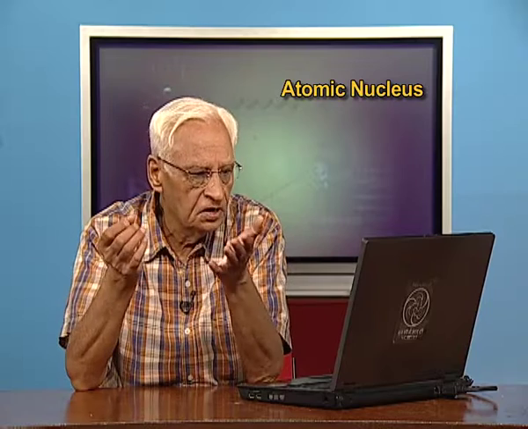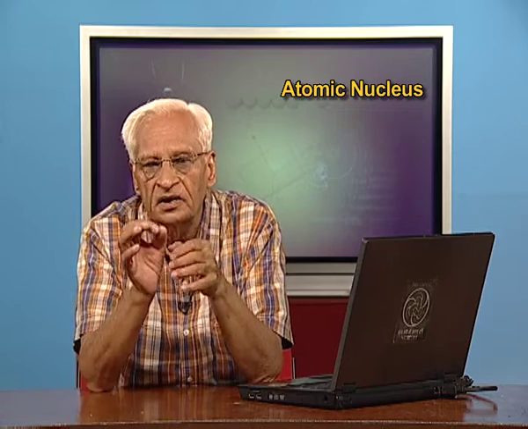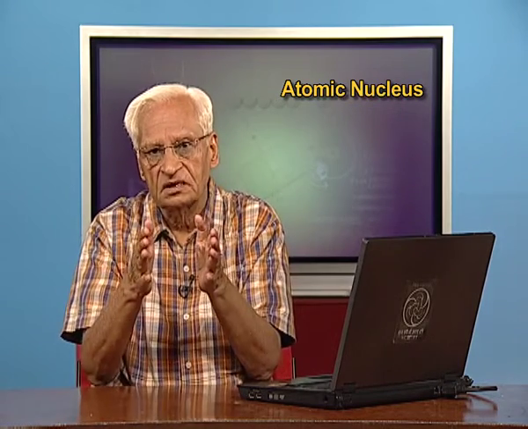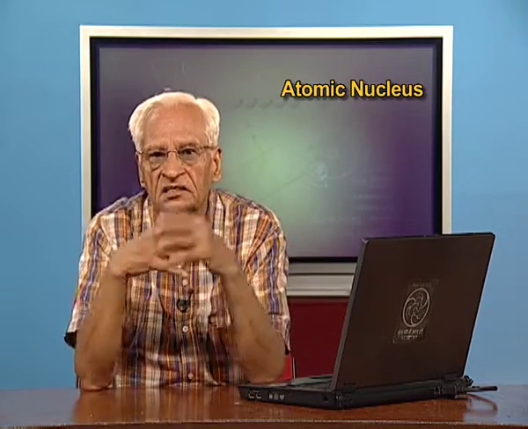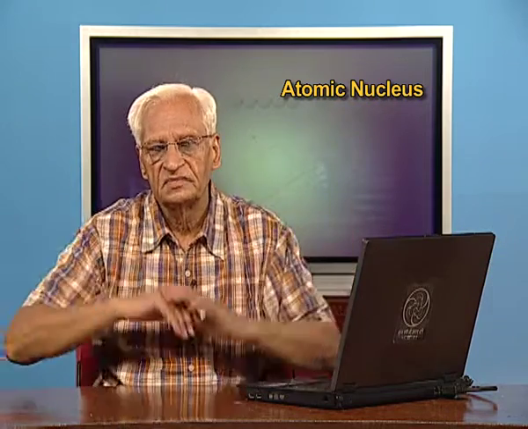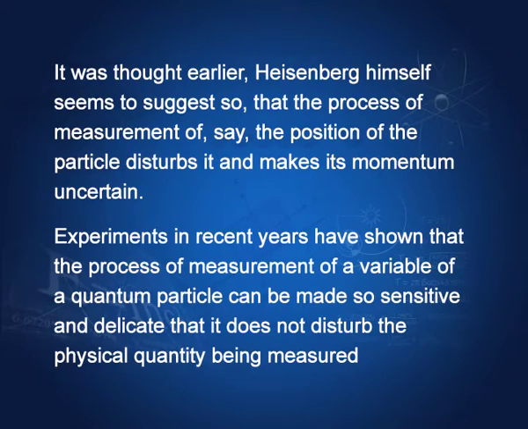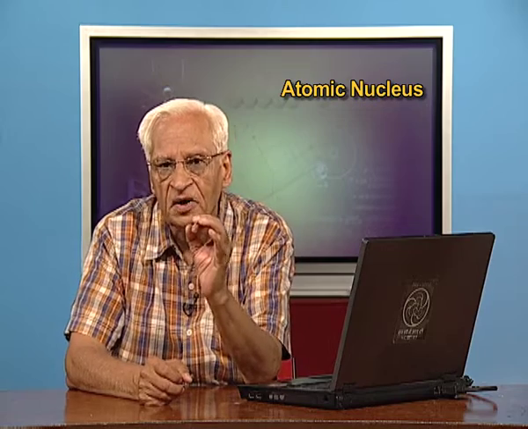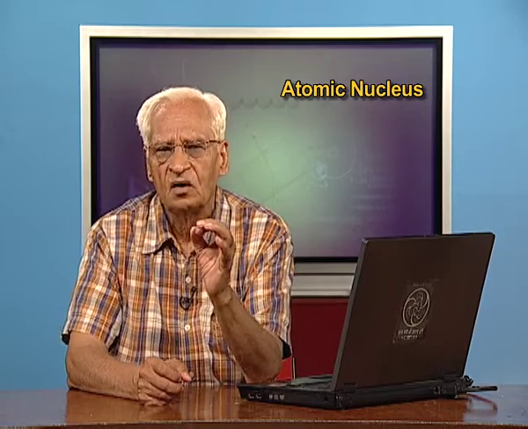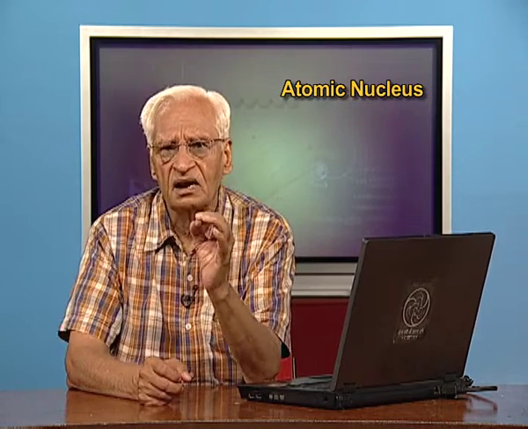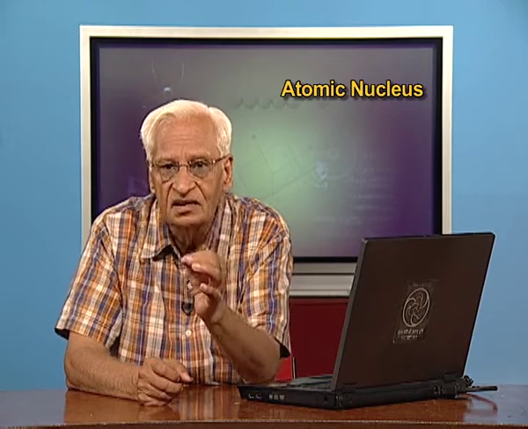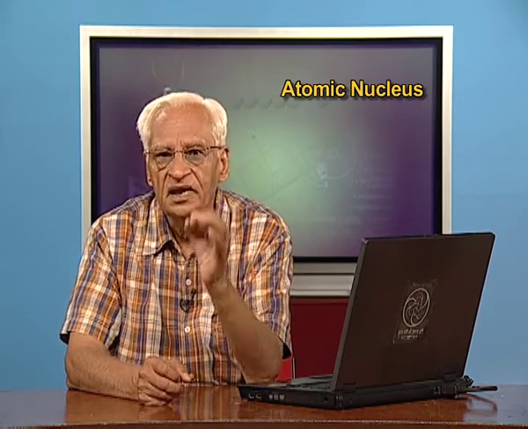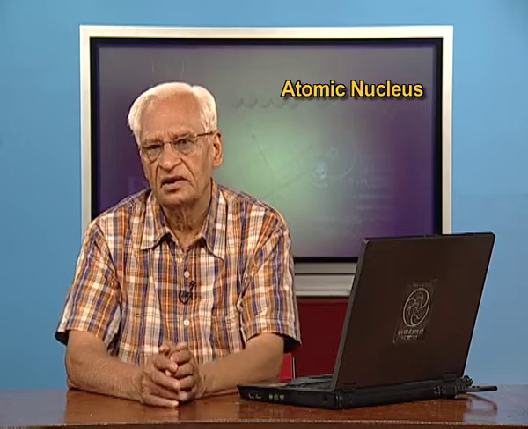It was thought earlier, in fact Heisenberg himself seems to suggest so, that the process of measurement of, say, the position of a particle disturbs the system, and therefore there is uncertainty in the momentum. Now, experiments in very recent times, in the last 10-15 years, have shown that even in very delicate experiments, where when you measure the position of the particle you do not disturb it at all or disturb it extremely little, even then there is uncertainty in the momentum of the particle.